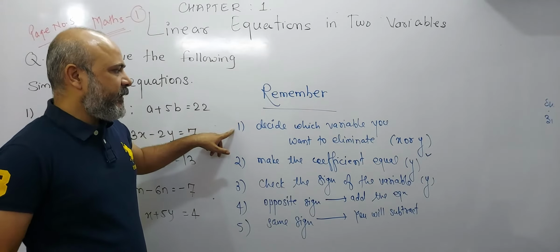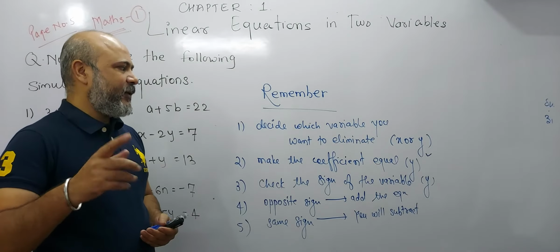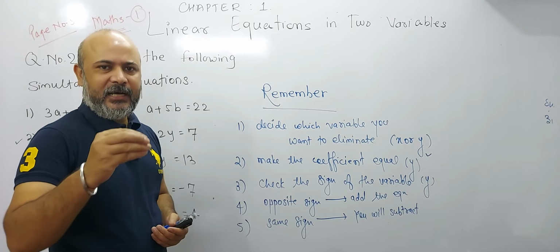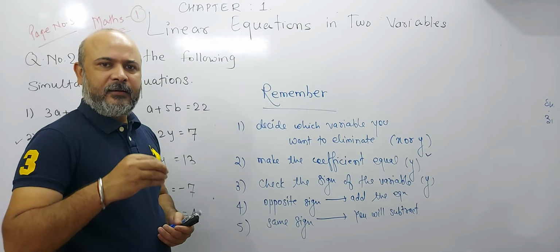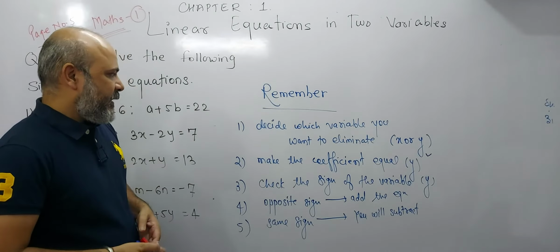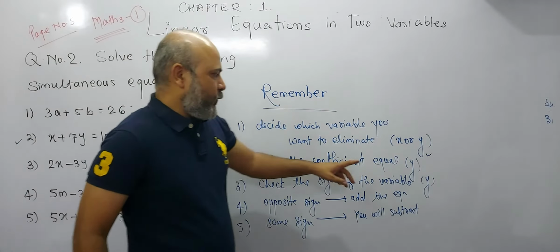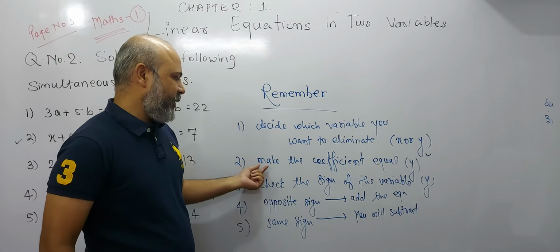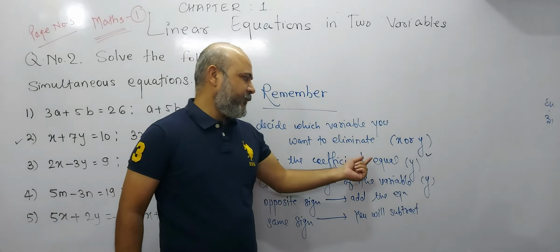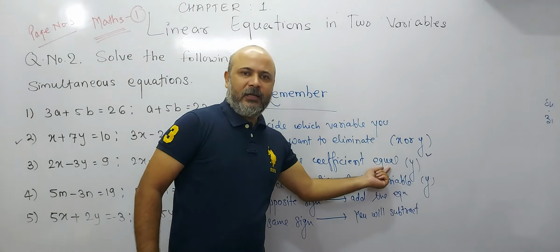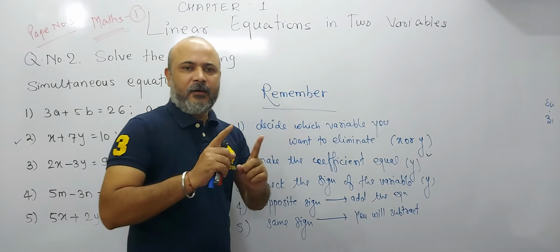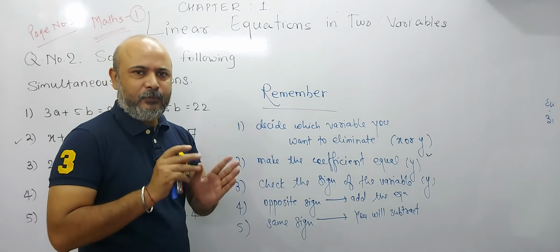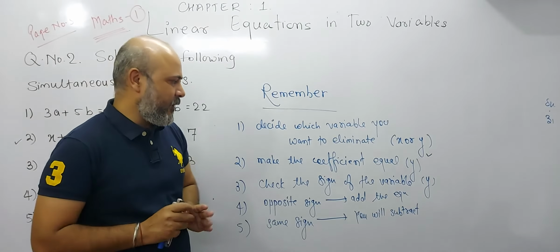First, decide which variable you want to eliminate in your question, either x or y, m or n. If you want to eliminate y, make the coefficient of y in both the equations equal by multiplying by some numbers.